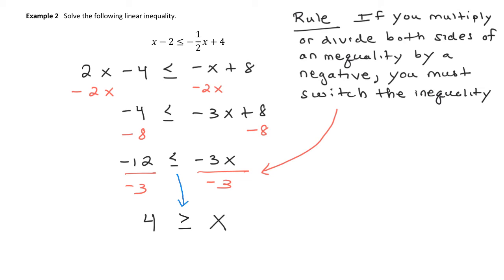So as an interval of numbers, this is the same thing as saying x is less than or equal to 4, that's everything from negative infinity up to and including 4. So everything to the left of 4, which matches up with the answer that we got in example 1. So everything else should be the same as working with an equation with this one detail.